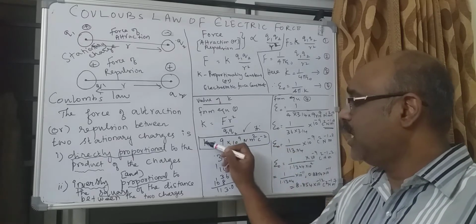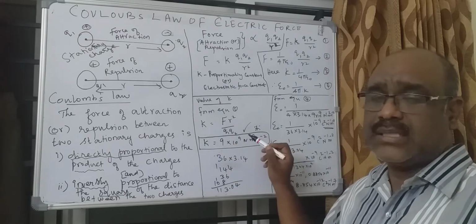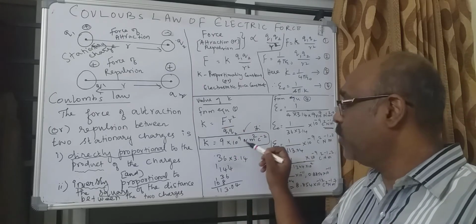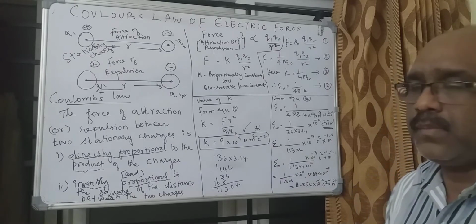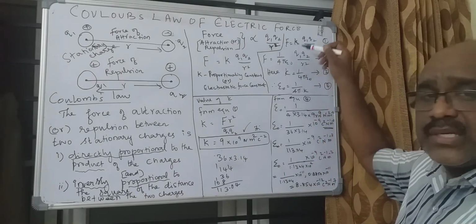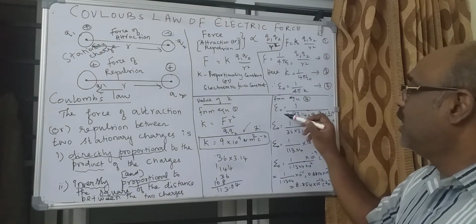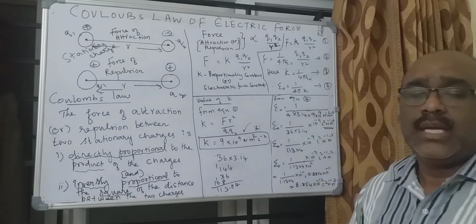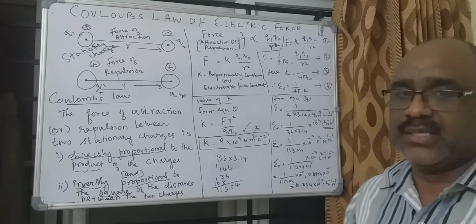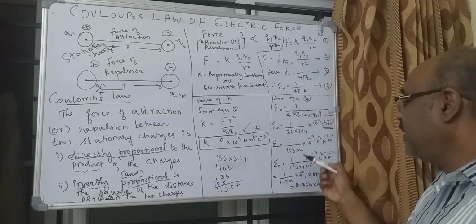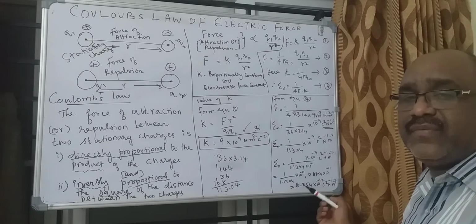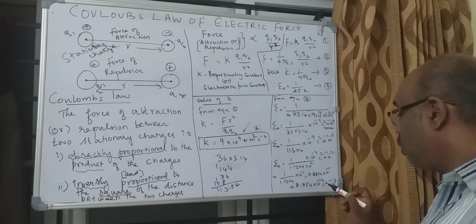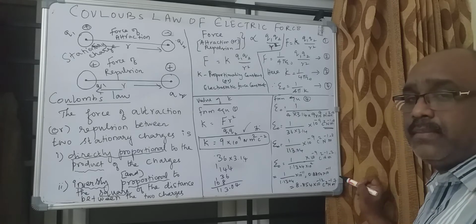1 mark every time this can be asked, the unit will be asked, what is the SI unit for the proportionality constant. So, it is Newton meter square Coulomb minus 2. And also all these equations we have written here. From that equation we are deriving the value for epsilon naught, which is nothing but the permittivity of free space, and we are finding the value as 8.854 into 10 to the power minus 12 Coulomb square Newton minus 1 meter minus 2.